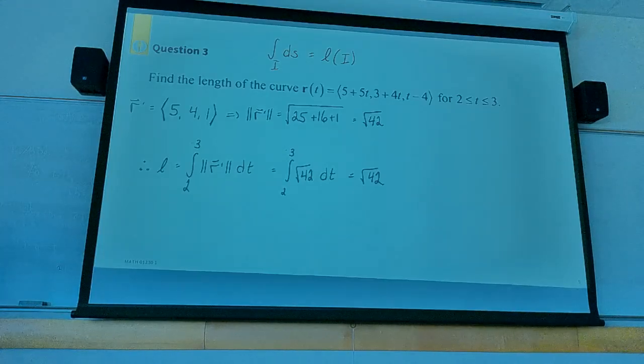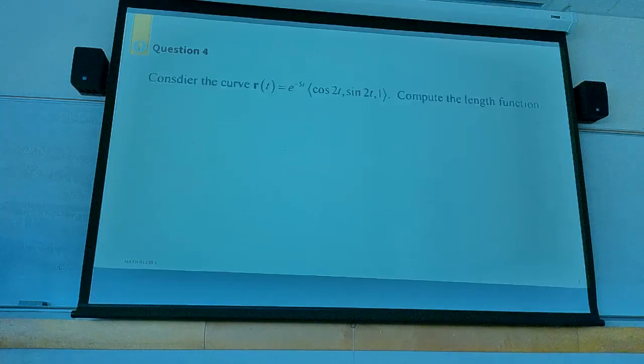Guess this one. Save the best for last. Compute the length function of this curve.